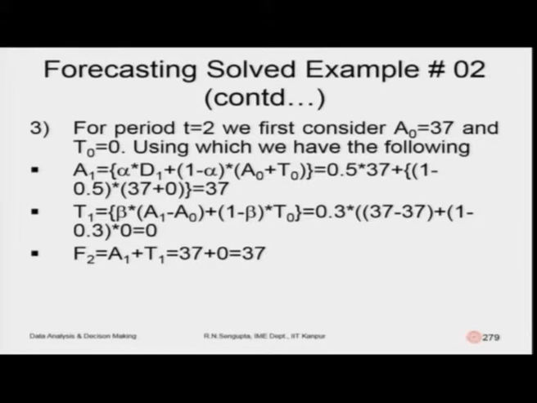So, the value for A1: I am putting weights, D1 is the demand, the y value, D1 has been given a weight of alpha, and obviously, if you remember, we always harp on the fact that 1 minus alpha is the other weight, such that the sum of the weights is 1.